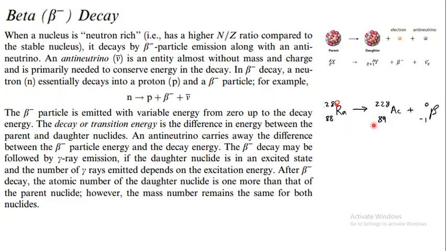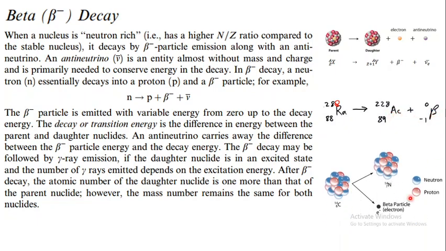Due to the one more proton, the atomic number goes to 89 and it forms actinium by beta emission. Carbon is another atom which sometimes also undergoes beta particle emission when it is activated in the cyclotron. So this process is carried out.